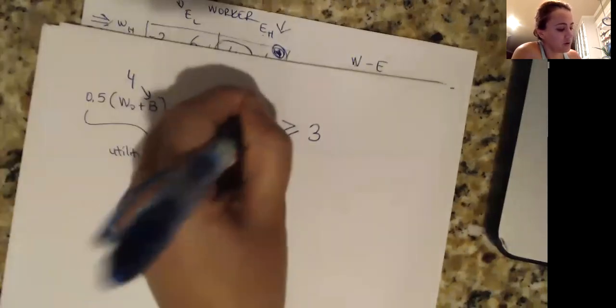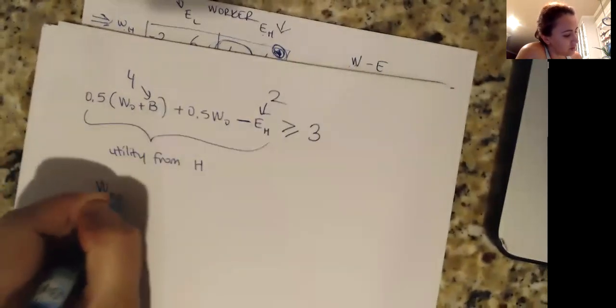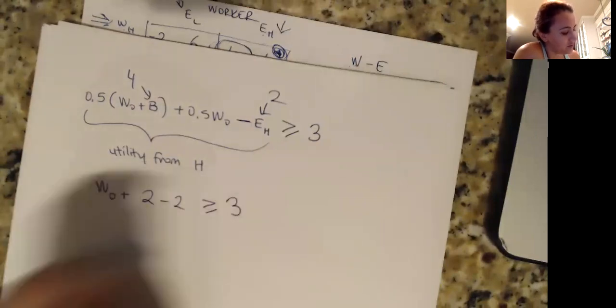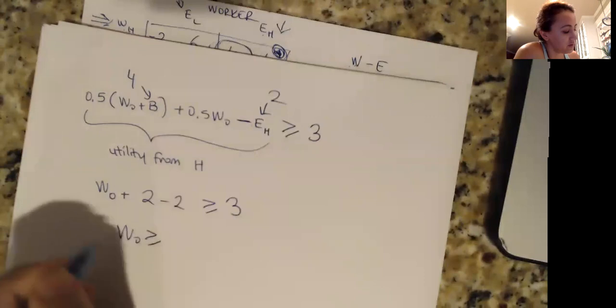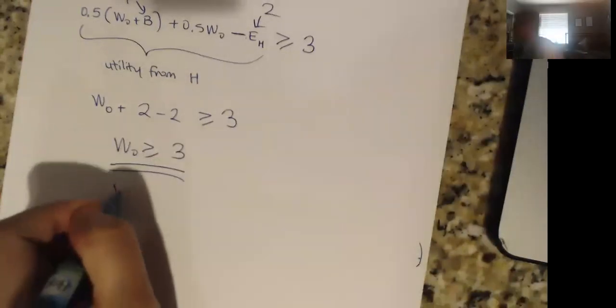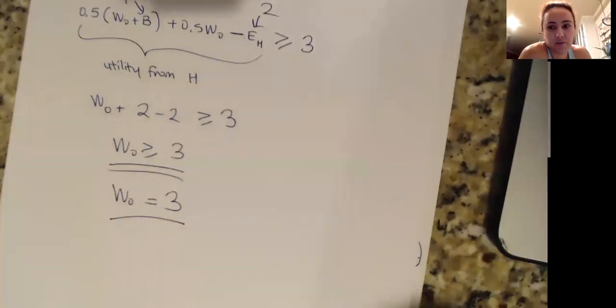B is 4, EH is 2. So here I have W0 plus 2 minus 2 greater or equal to 3, so W0 greater or equal to 3. Since I'm a profit maximizer, I'm going to choose the lowest wage possible, which in this case is 3.